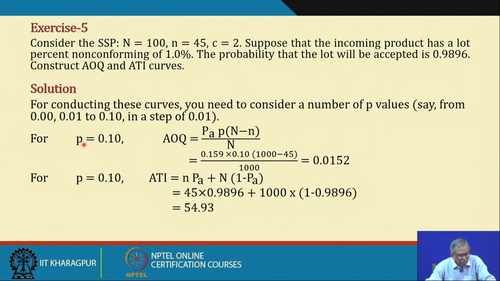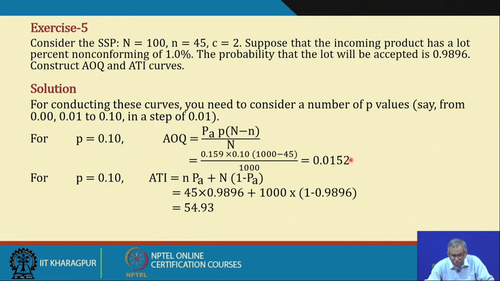I am giving you one example. Against a particular value of p, say 0.10, what will be the AOQ for a single sampling plan? PA into p into capital N minus small n, divided by capital N. We have already derived these expressions. And the value of PA is 0.9896, p is 0.10, small n is 45 and capital N is 1000.